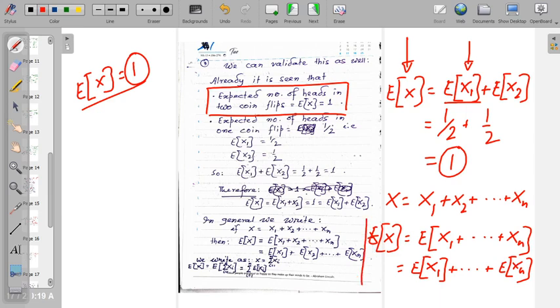This is the result that we call linearity of expectation.